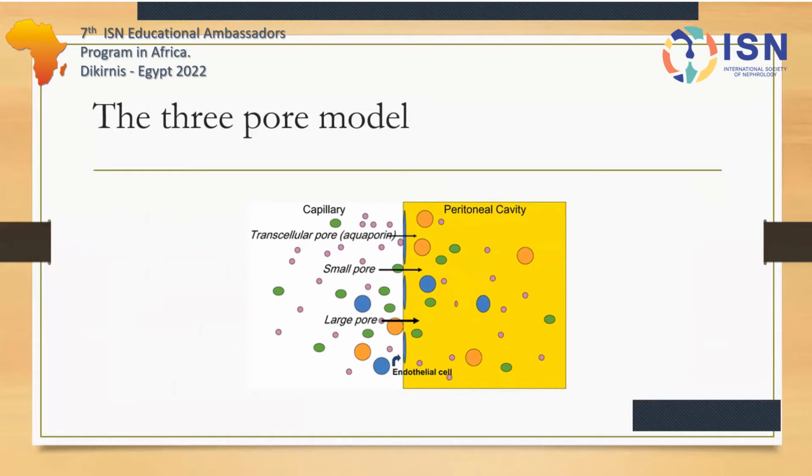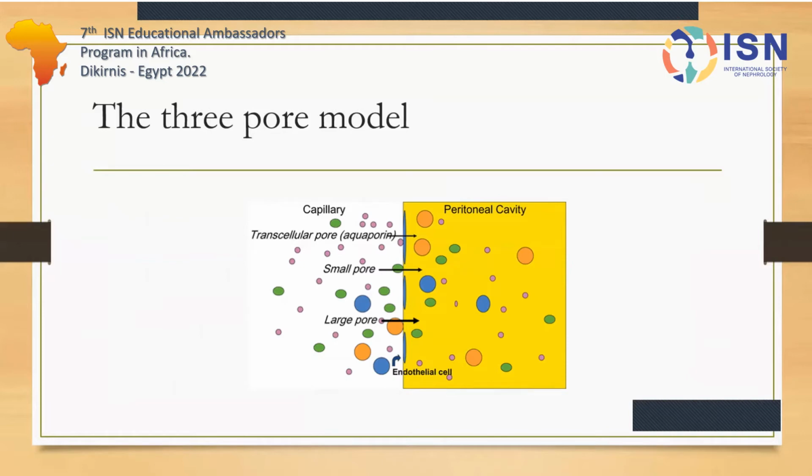The main function of the small pore is to allow the passage of small molecules like sodium, potassium, phosphate, urea, and creatinine, while the large pores allow the passage of somewhat larger molecules, such as beta-2 microglobulin, which usually becomes dialyzable after a long dwell time of at least 6 hours.